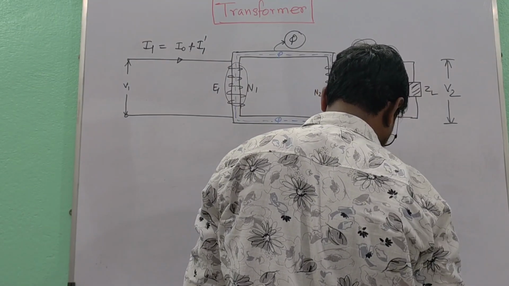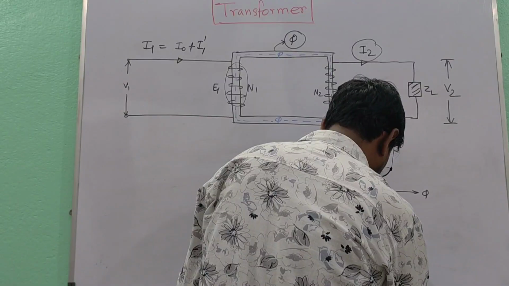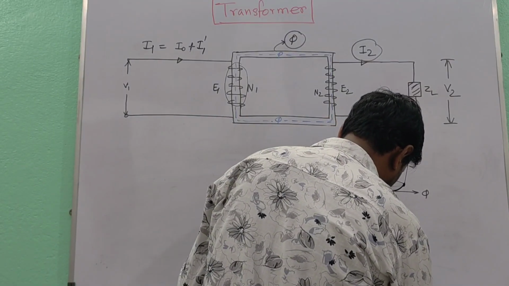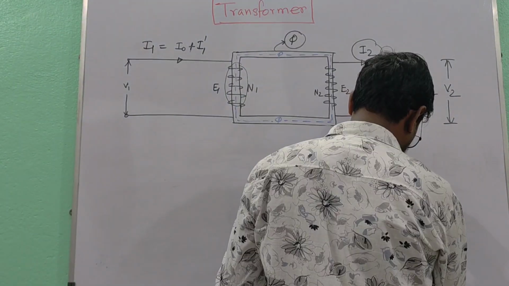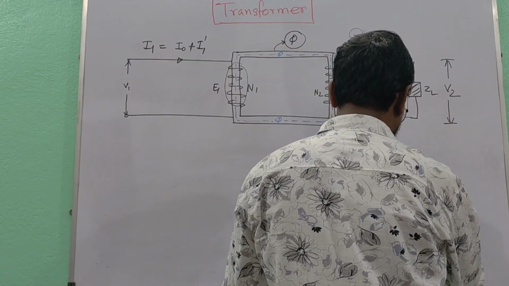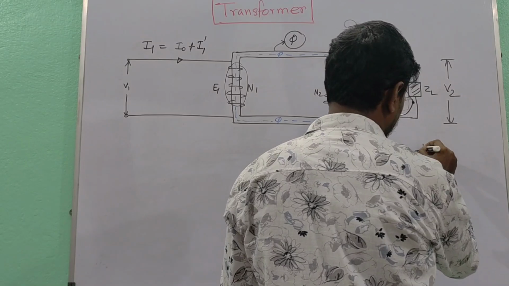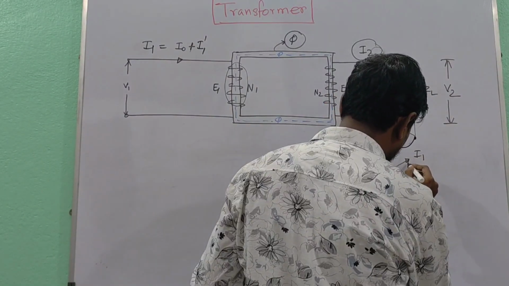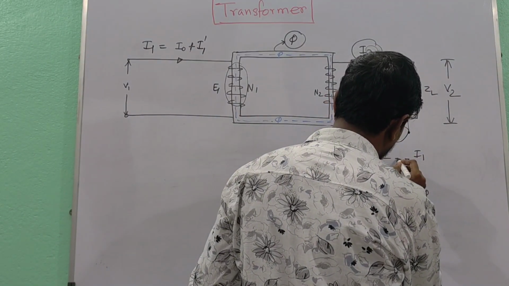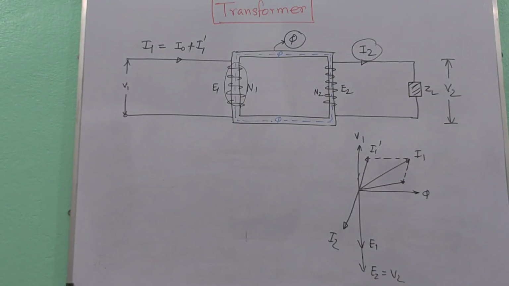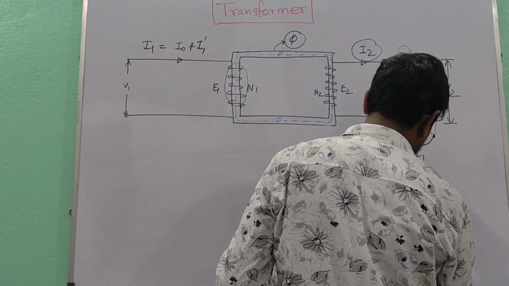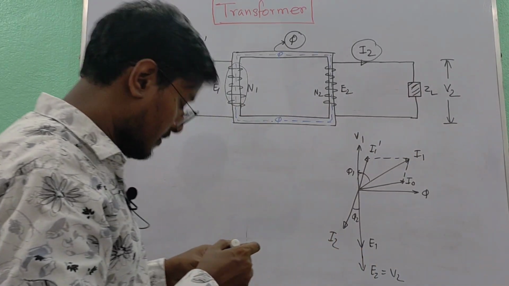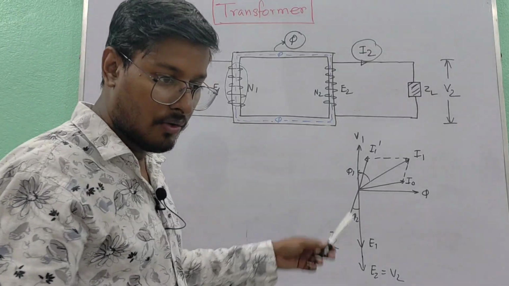This is V1, this is E1, E2 is equal to V2, this is I0, and this is I1, this is I1. So this is the vector diagram on load.